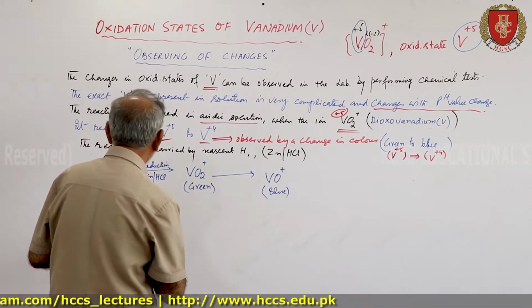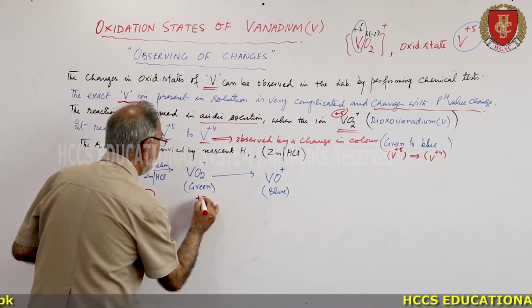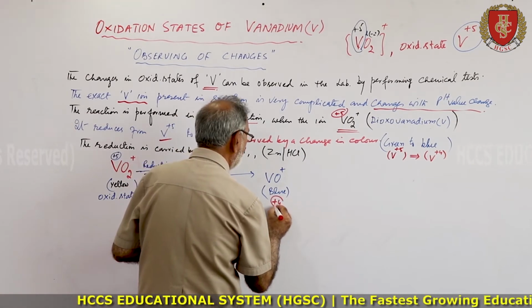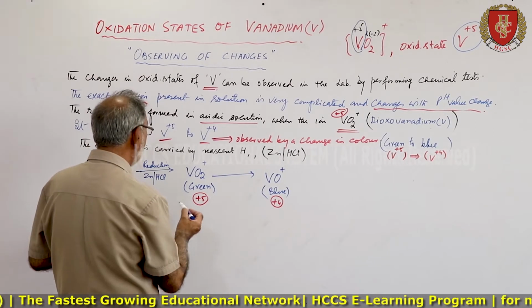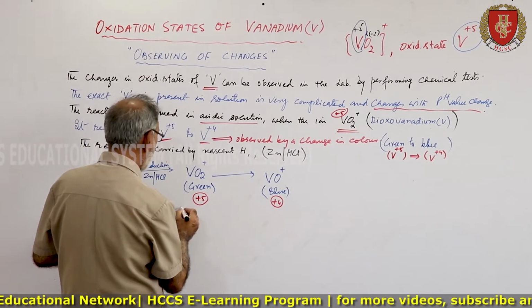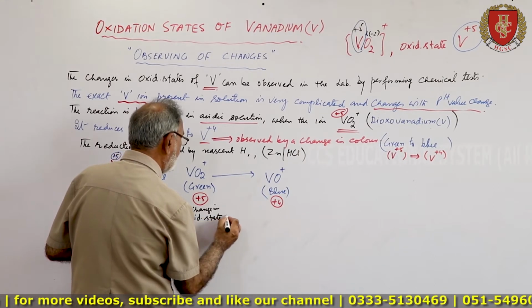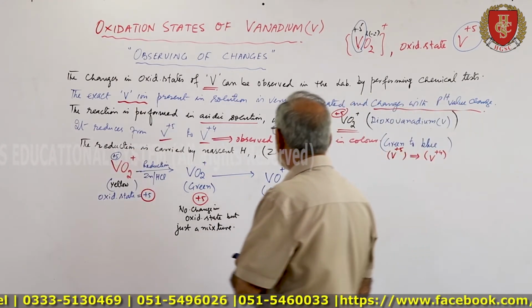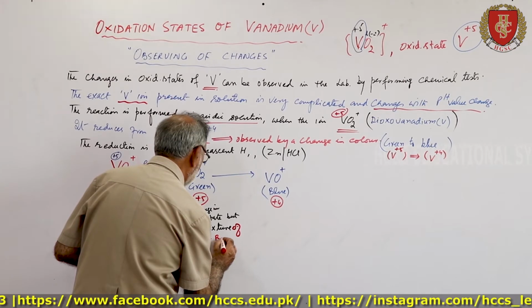Here the oxidation state is again +5, but there is no change in oxidation state, just a mixture of yellow plus blue.